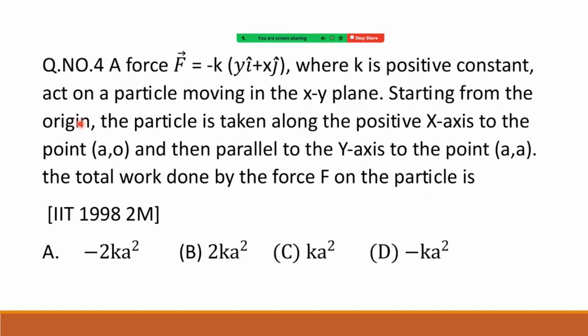Starting from the origin, the particle is taken along the positive x-axis to the point (a, 0) and then parallel to the y-axis to the point (a, a). The total work done by the force F on the particle is? This question was asked in 1998 for 2 marks. At that time it was a subjective question. Let us see how to solve it.